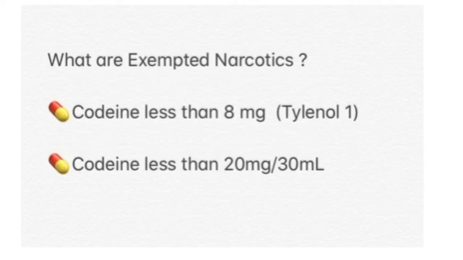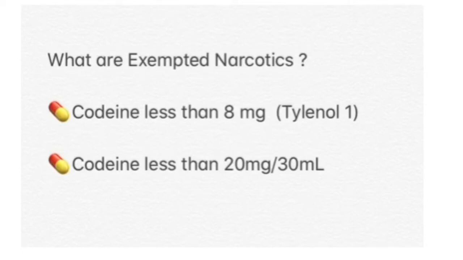As you know, codeine is a risky ingredient. Sometimes it can cause a serious allergy in some individuals. But 8 mg is not a huge amount that you should be scared of. So if the codeine is less than 8 mg, the compound becomes an exempted narcotic.